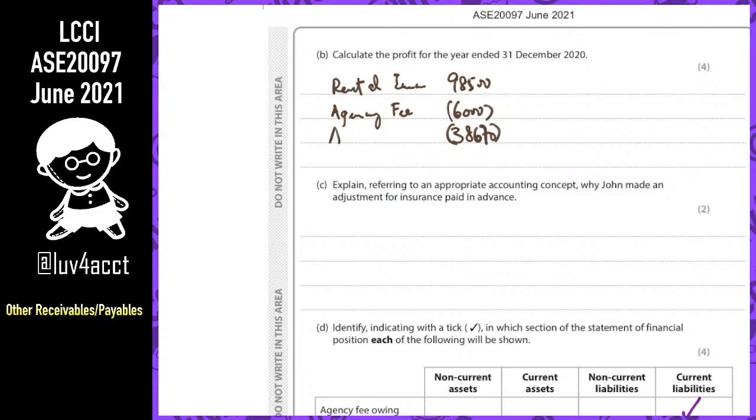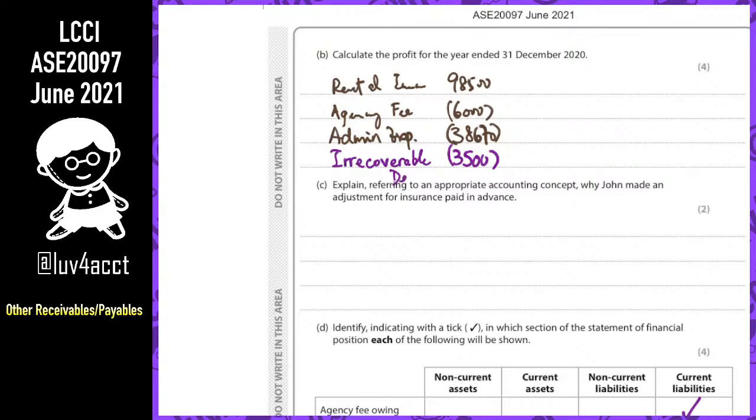38670. This is admin expenses. So 3 expenses, finish? No, 1 item. Be careful. We have irrecoverable debt. Let me write it first.